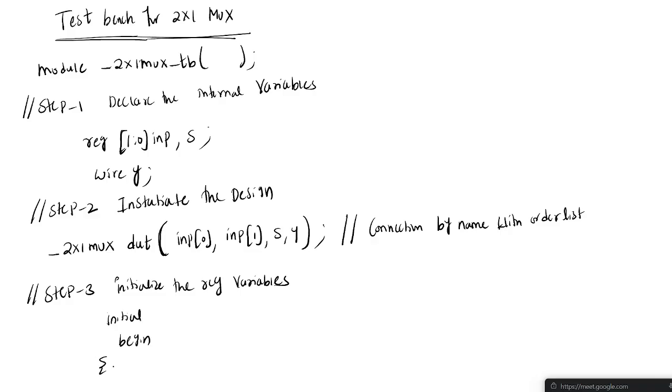What are the reg variables? inp[0], comma, inp[1], comma, s, by using the concatenation operator, equal to 0, and end. So till here, is it fine? Did you understand how I am doing? Shall I move forward? Yes, no?